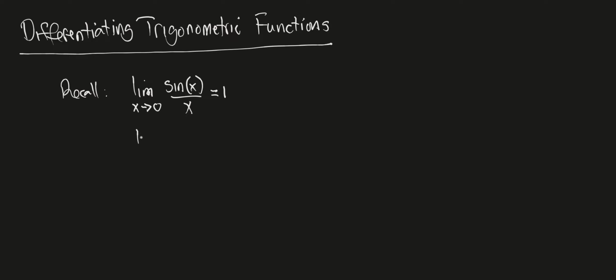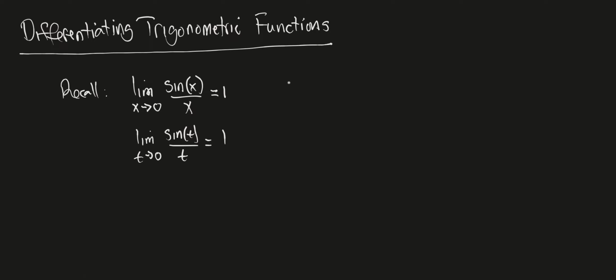Let's say the limit was as t approaches 0 of the sine of t over t. It would still be 1. What's important is this ratio and the fact that the limit is with respect to whatever your variable is approaching 0, right? So again, it could be any letter there.